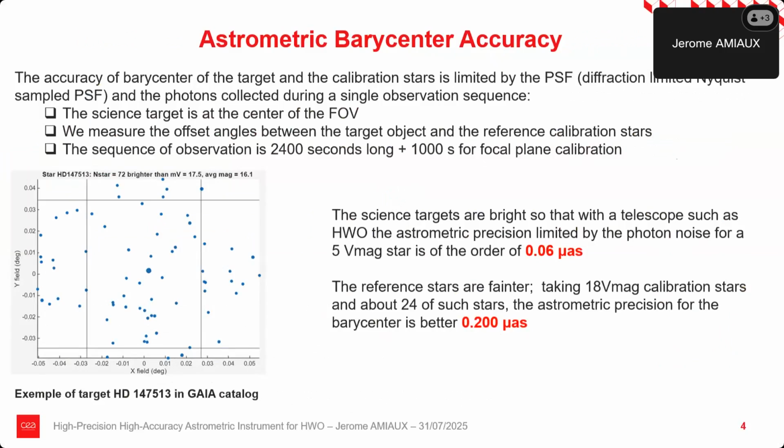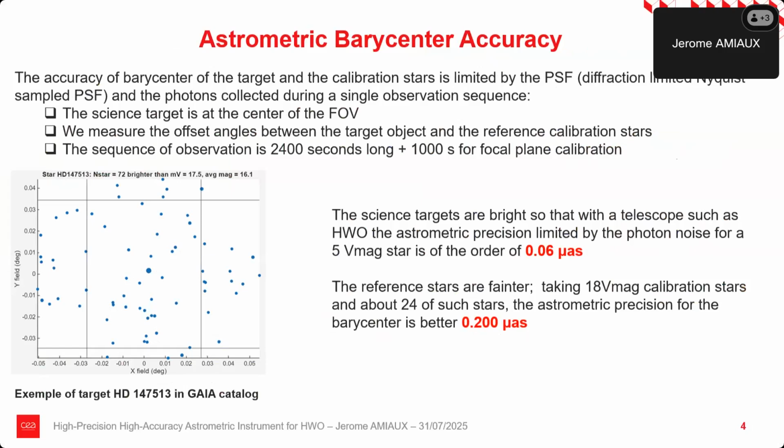So the first part is really the budget in the accuracy of the star photocenter determination. And this is mainly driven by the PSF size and the photon noise. So it's driving at first order the parameter of the instrument: focal length, the pixel size, field of view, integration time. So with HWO, we'll typically observe a target, which is a magnitude 5 target.